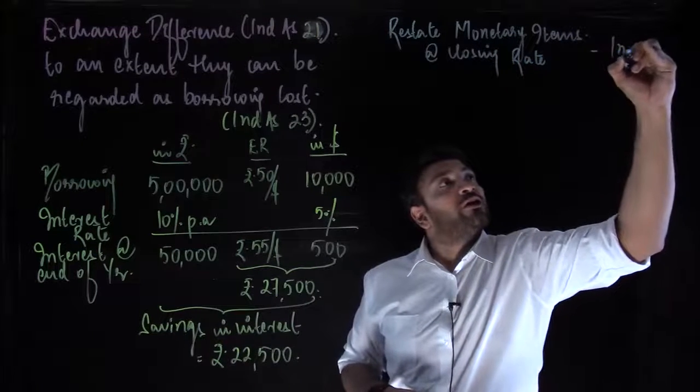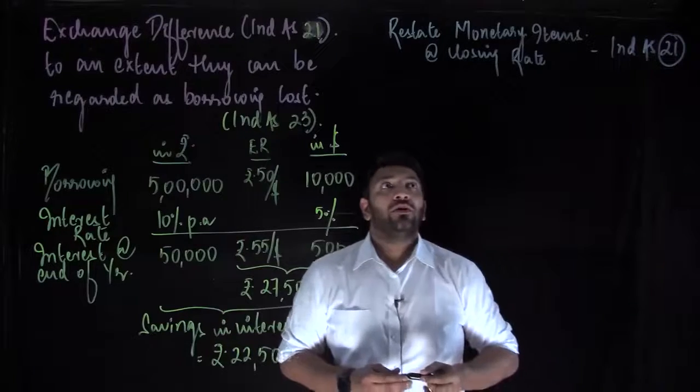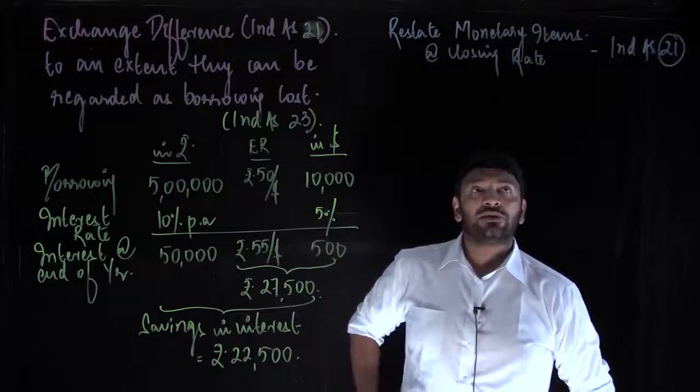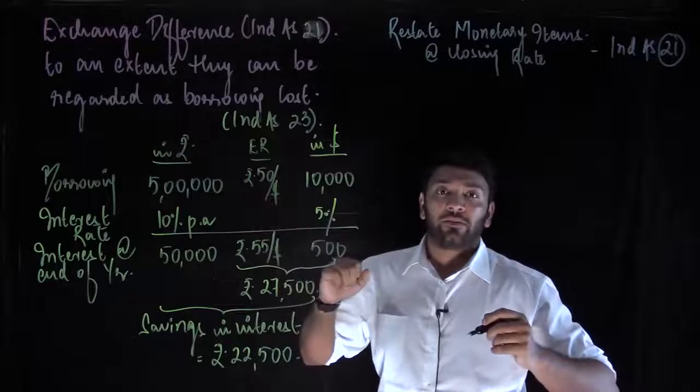This is given as per Ind AS 21 exchange differences. So I am supposed to restate the monetary items at closing rate, and I understand that there is an increase in the dollar.